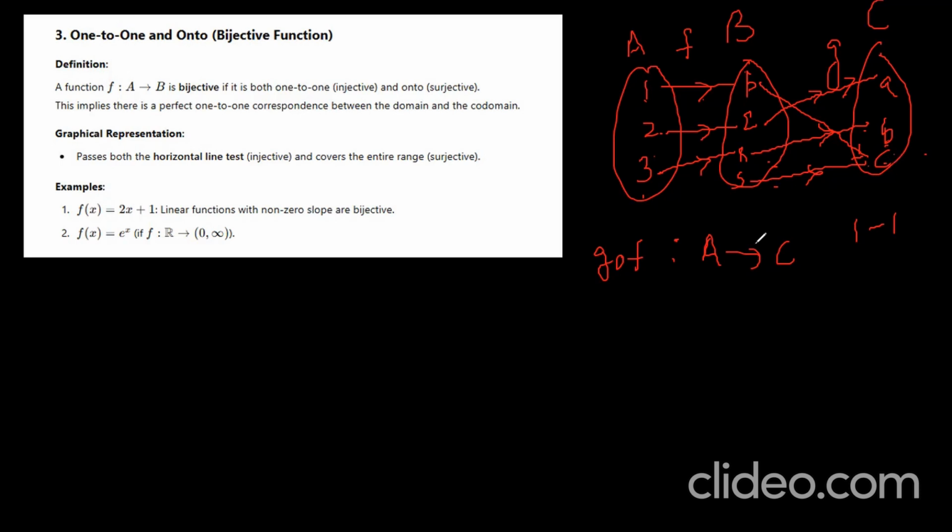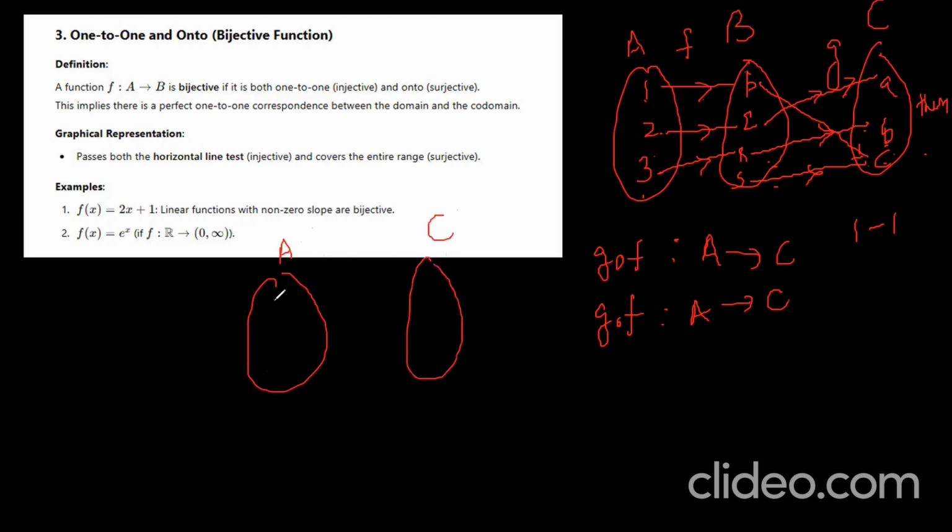So let me draw G circle F, A into C. The remaining part I am drawing here, A and C. If I draw, then it will be clear: 1 to C, 2 to A, and 3 to B. Like this I took.